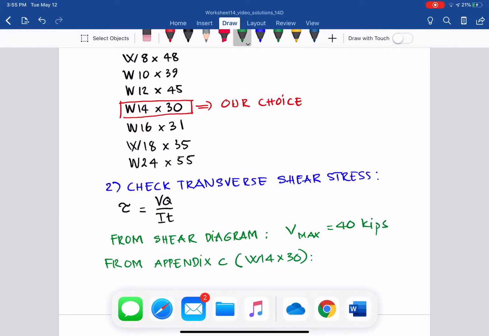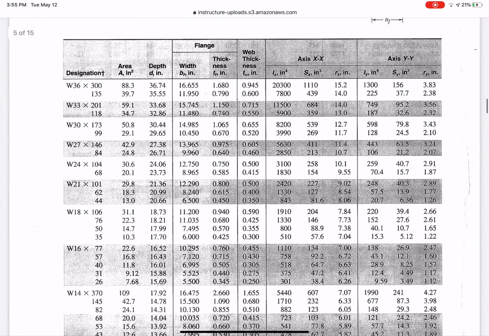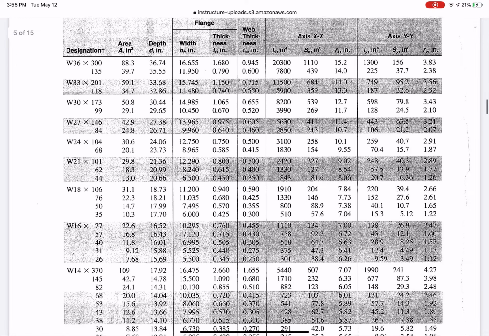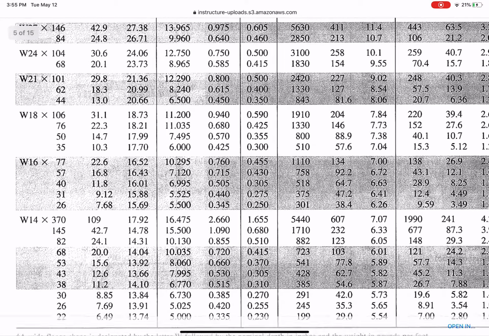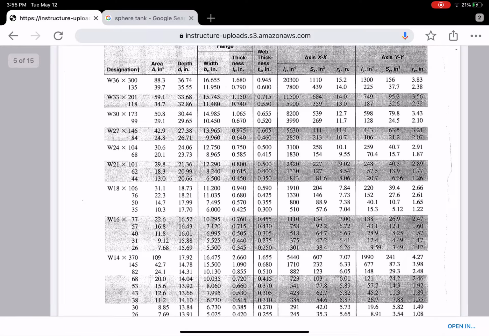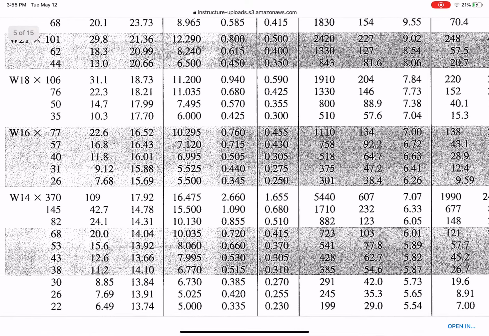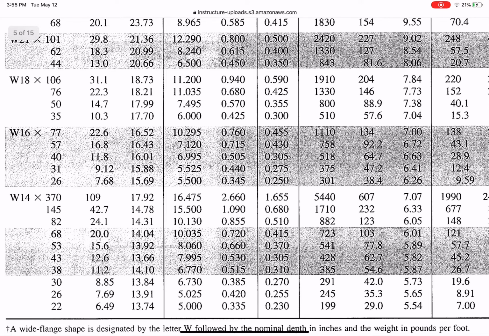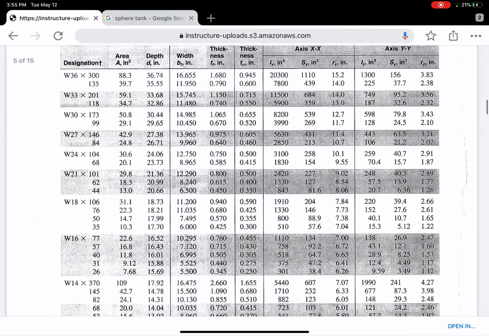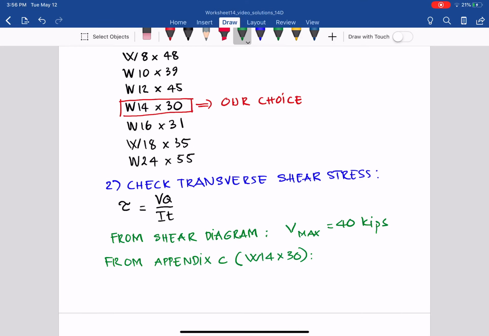In appendix C, standard shape wide flange, the one we choose is 14 by 30, down here. They give us the area, the depth, the width of flange, the thickness of flange, and the thickness of web. For example, the thickness of web of the 14 by 30 is equal to 0.27. So with the appendix, we can find the geometrical properties of that cross section.